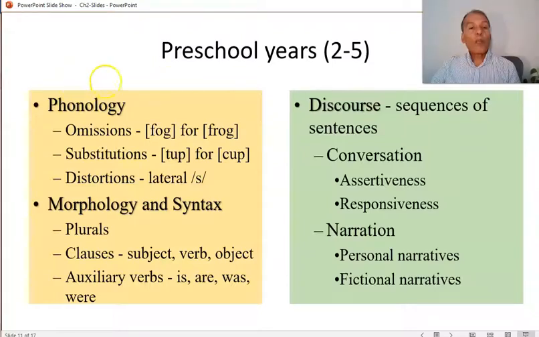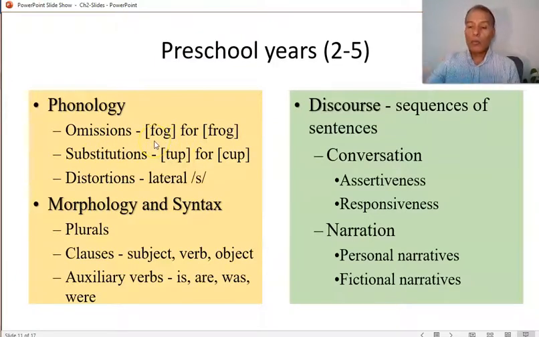As they continue to speak, they make mistakes because they are still learning how to produce the sounds. So they would make mistakes like omitting a sound, like when we say frog, say fog.